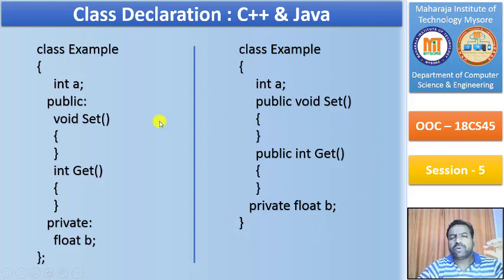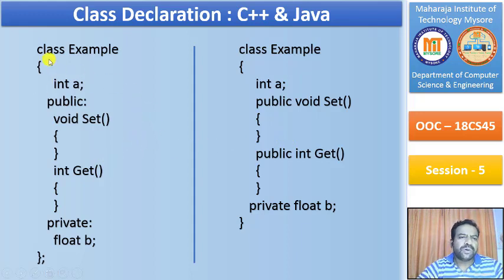Both are almost similar. There are a few slight differences or modifications between what you have been doing until now in C++ and what you are going to do in a Java program.